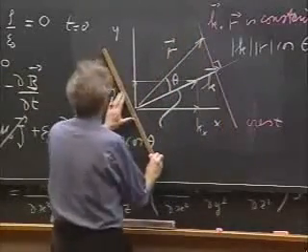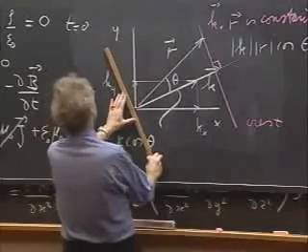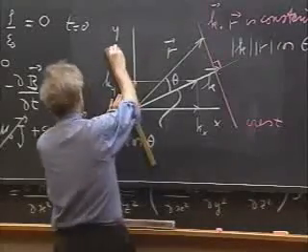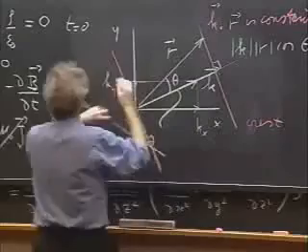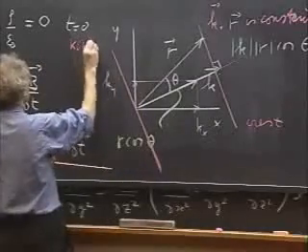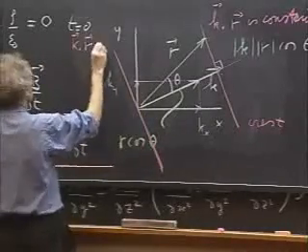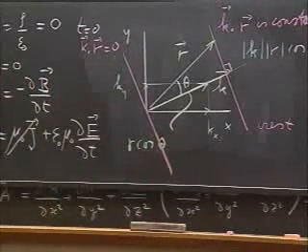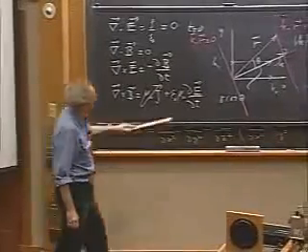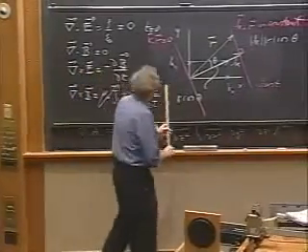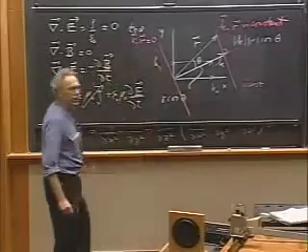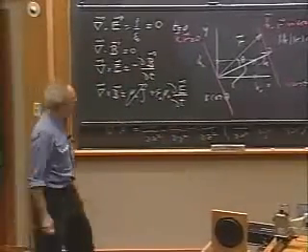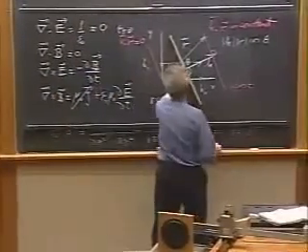And here, I draw another line perpendicular to k. So here, k dot r is 0. The dot product is 0. R is perpendicular to k for this point. I will also assume that the E vector here is a maximum pointing in your direction, and then there is one here.